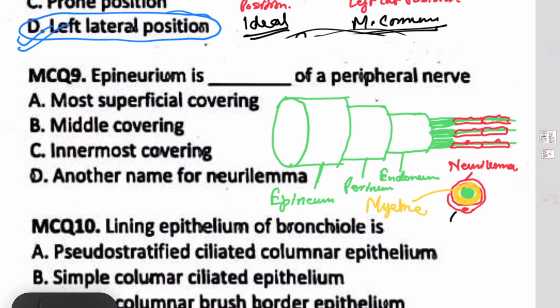And this cell is the Schwann cell. So I hope you understood the layers of the peripheral nerve.